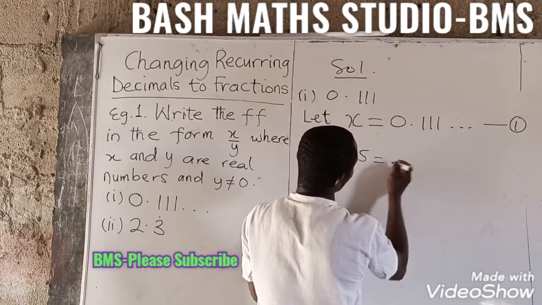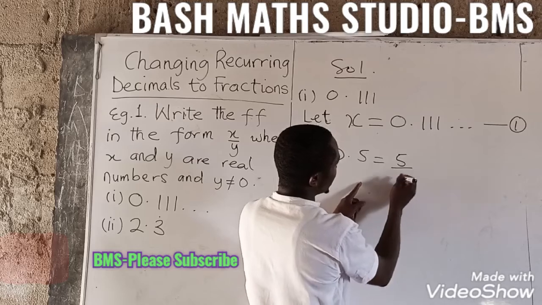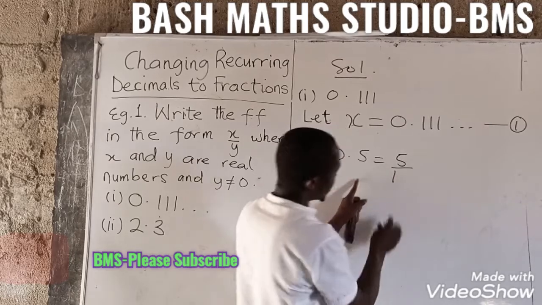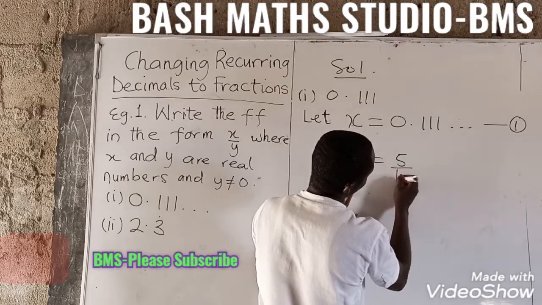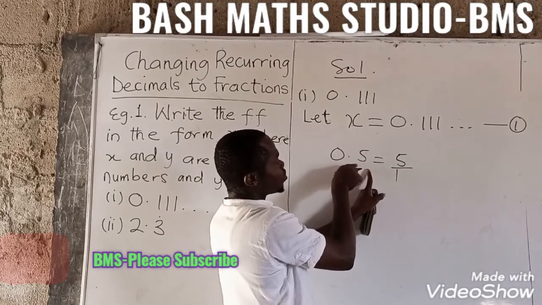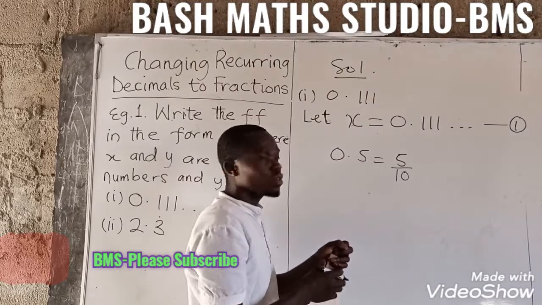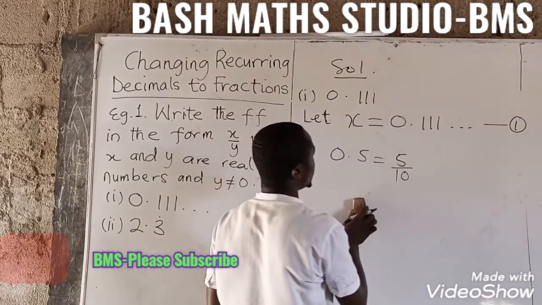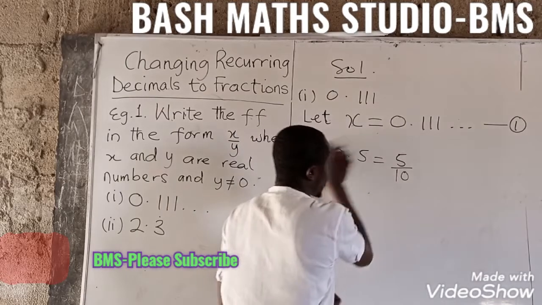So this one is just going to be equal to 5 divided by 1, and then the number after the decimal point is just one digit, so you add only one 0, giving 5 over 10. Good. So that is how you change a simple terminating decimal to a simple fraction.